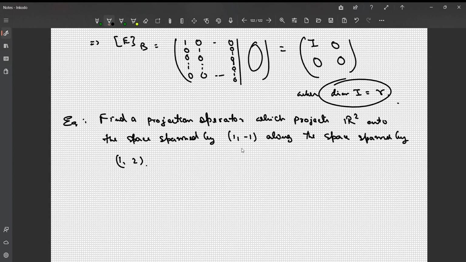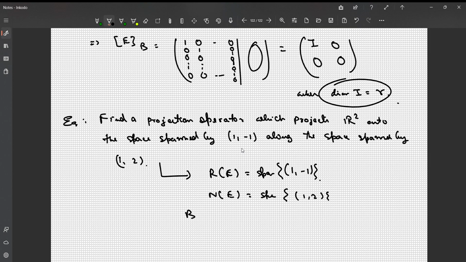So what we have here? If you relate this with the definition we used just before, then basically the range of E is the span of 1, minus 1, and the null space of E is the span of 1, 2.